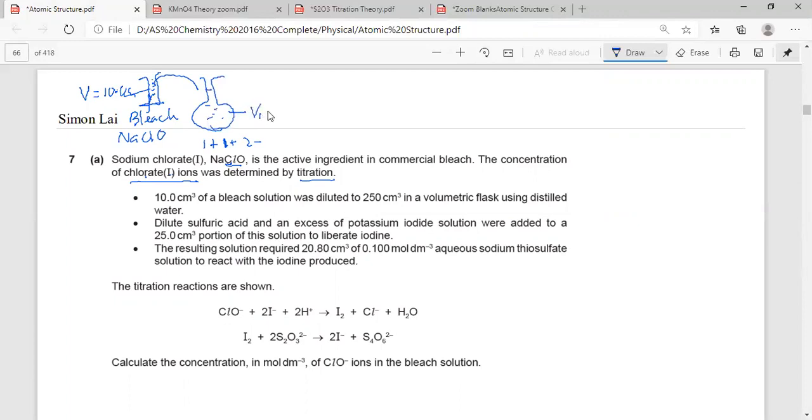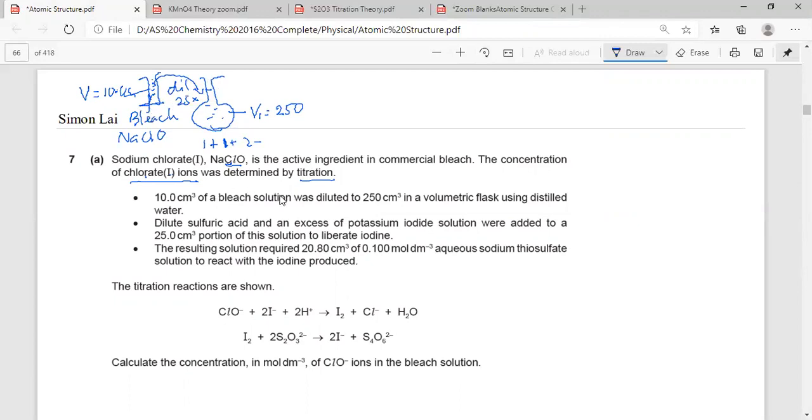This volume V1 is equal to 250, meaning you have diluted it. How many times? 25 times.